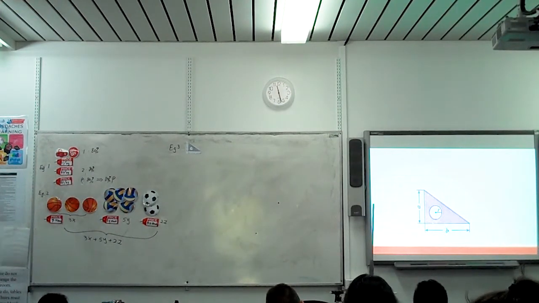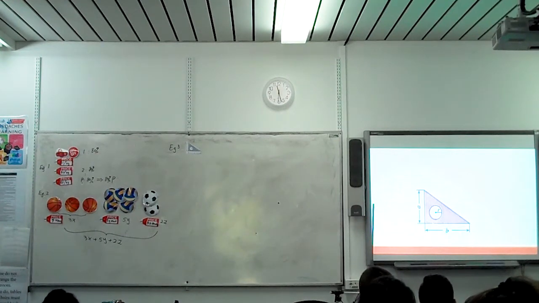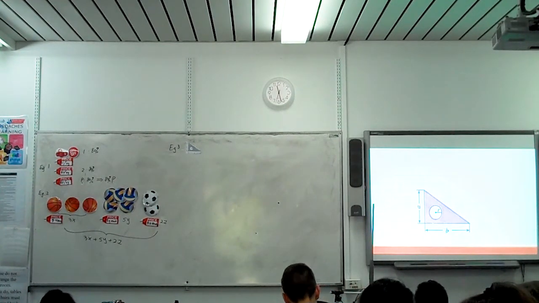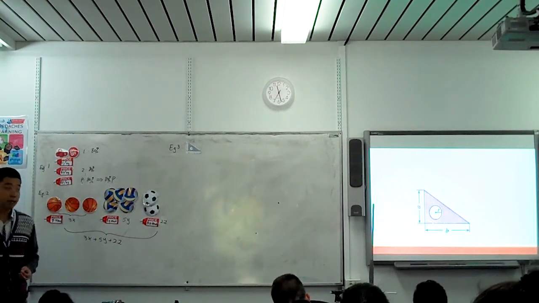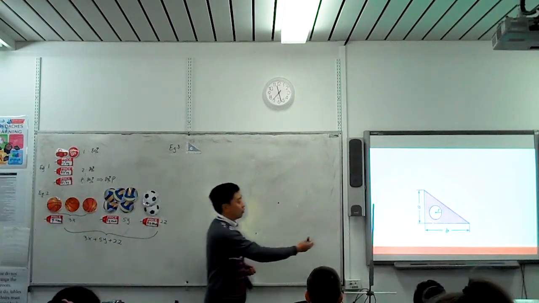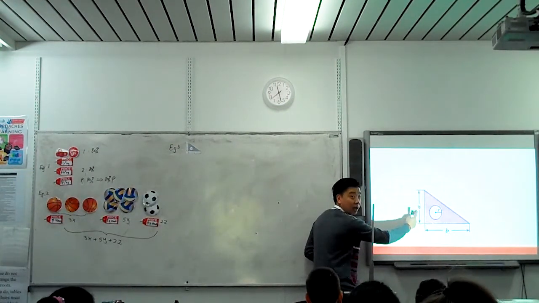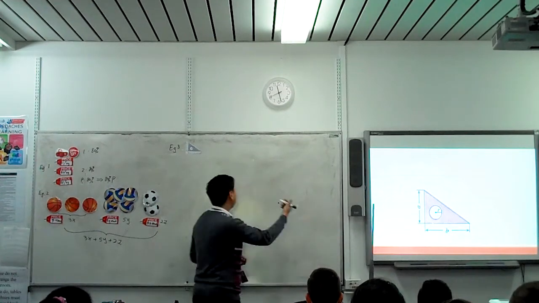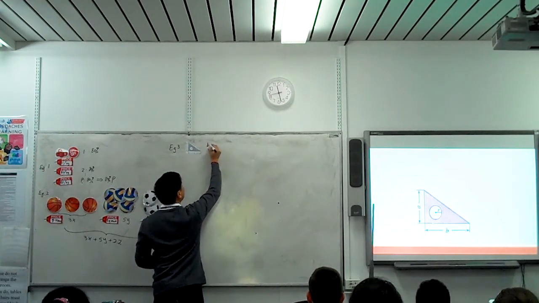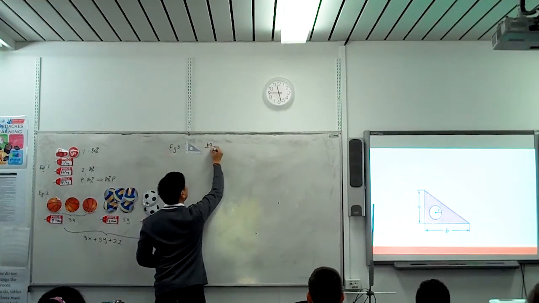What is the area of the triangle? The base times height, so that is B times A, and then divided by 2. Very good. So this is B, A, divided by 2.